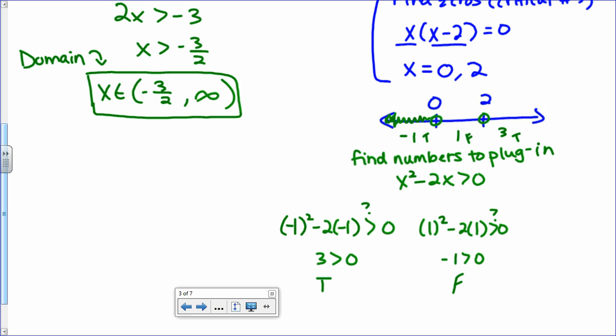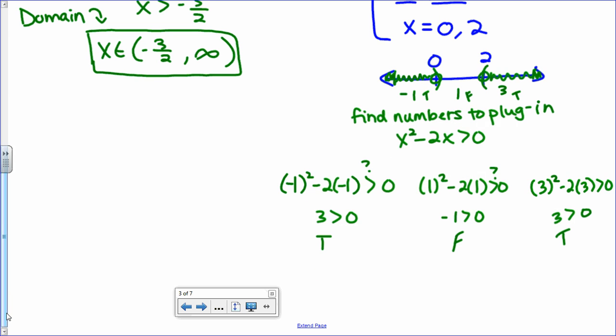All right, 3 squared minus 2 times 3 greater than 0. Again, I get 3. I think, yeah, 9. That's true. So, and I have parentheses there. And I can write my domain, which was my goal.